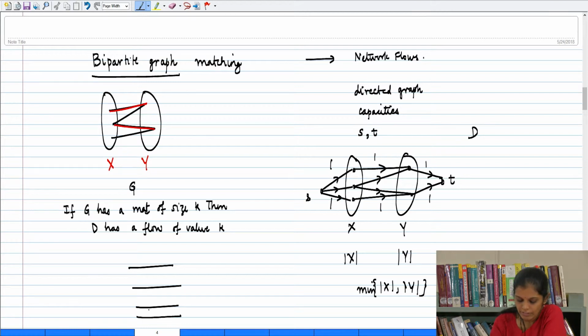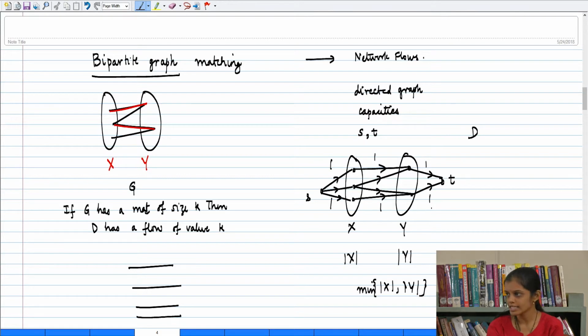Remember that if the edges were like this, they must have been directed from x to y in the corresponding flow network, but those are not the only edges, we have added some more edges. So you should show me a valid s-t flow function which has a value equal to K. How would you construct that flow function?